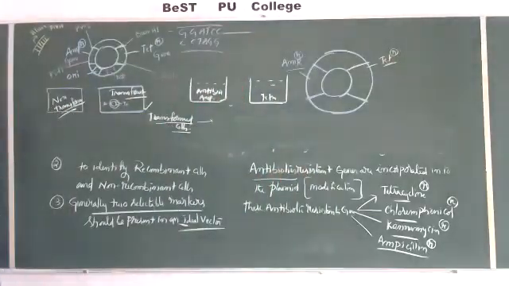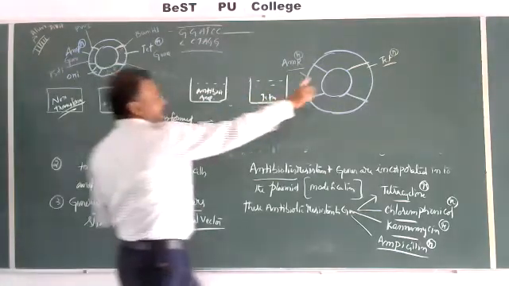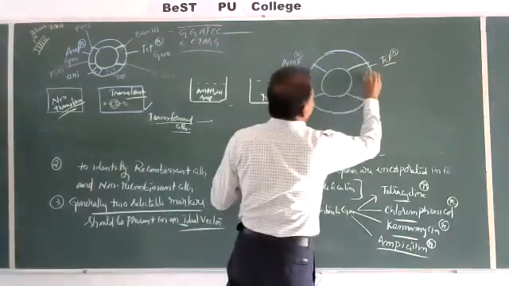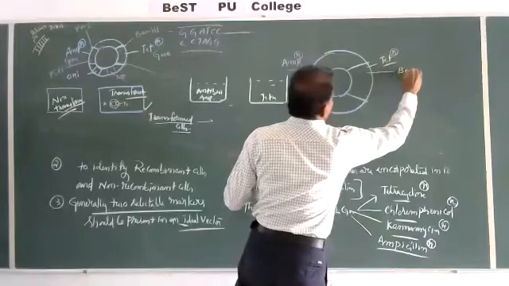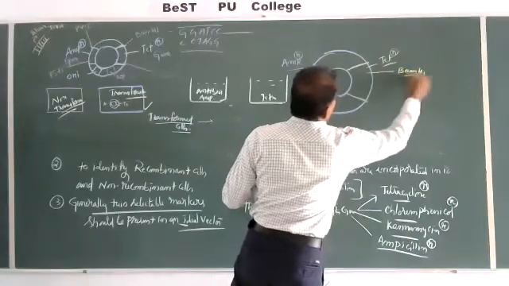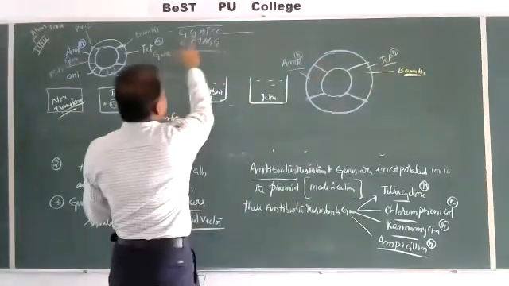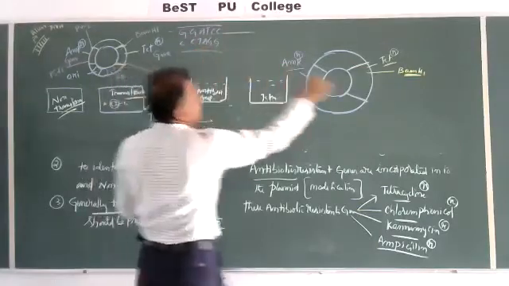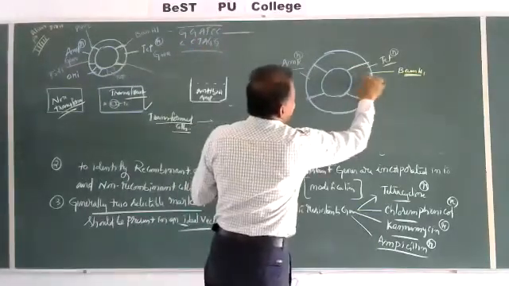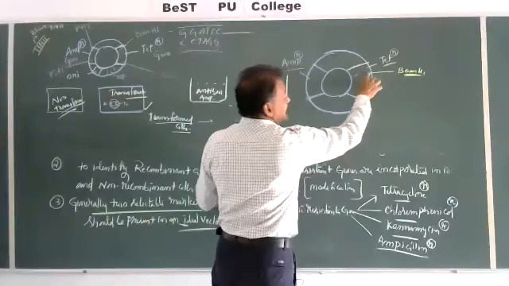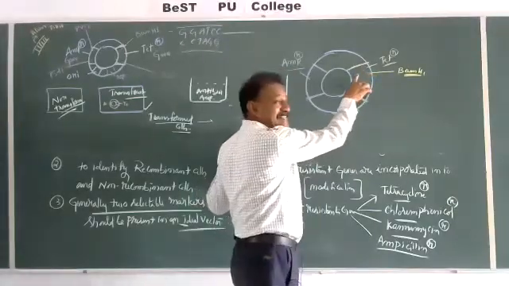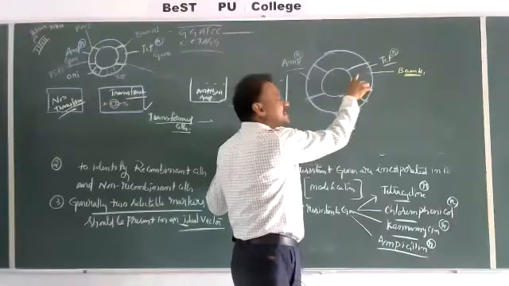The site here is the BamH1 site. BamH1 has the GGATCC sequence here. This is the recognition sequence, cloning site or restriction site.